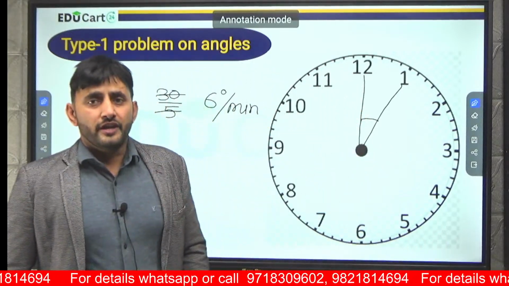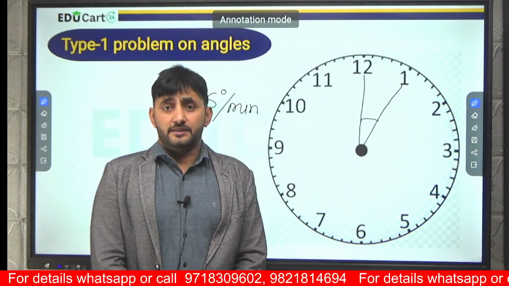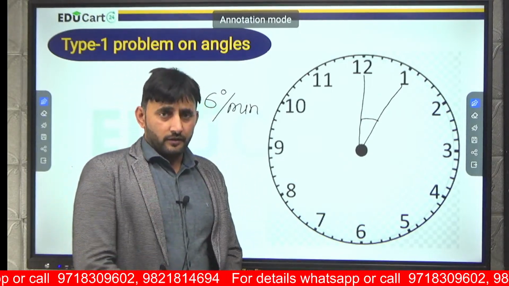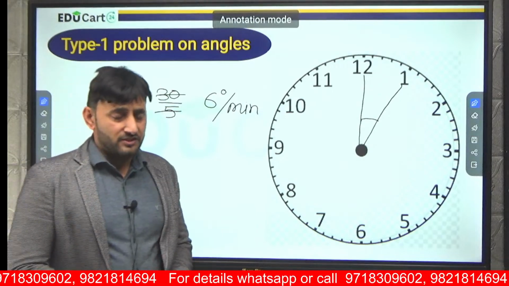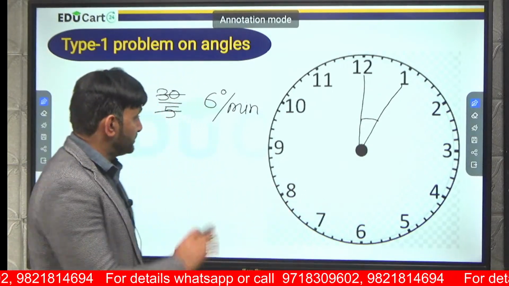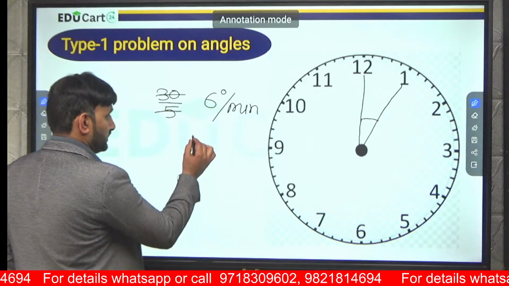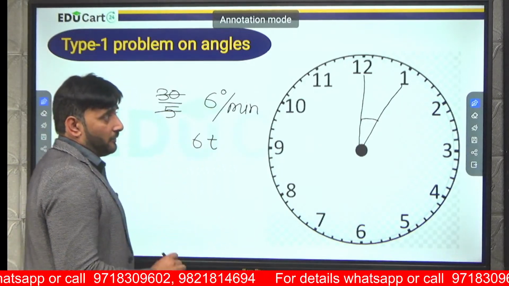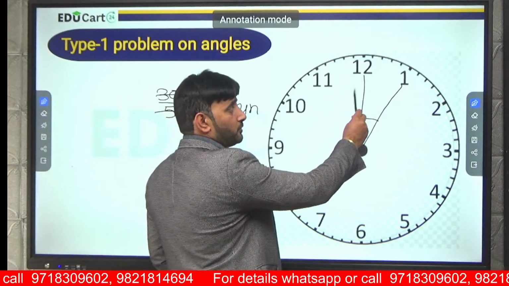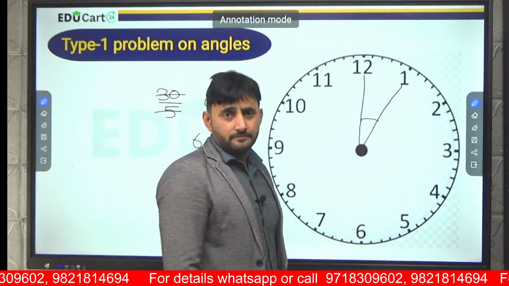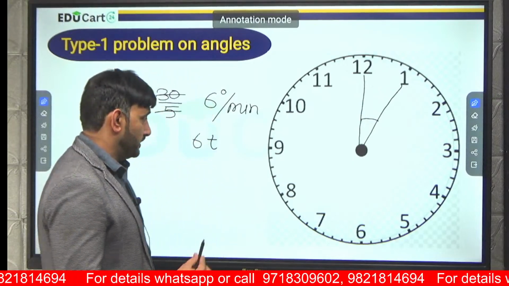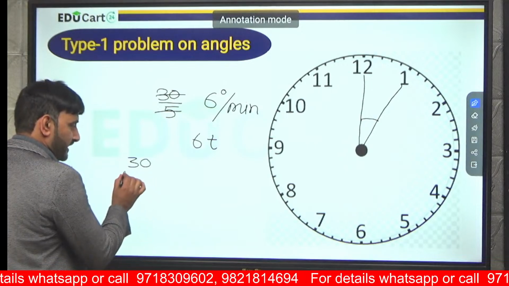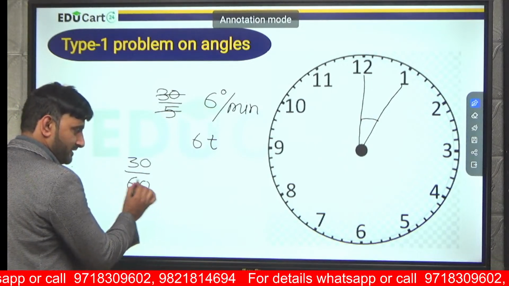Fine. So in x minutes or in t minutes, minute hand will cover how much angle? 6 into t. Fine. What about the hour hand? When the hour hand goes from 12 to 1, it has taken how much time? 1 hour. So we know that hour hand covers this 30 degree angle in 1 hour, that is equal to 60 minutes.